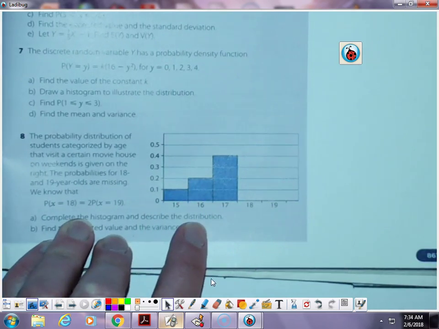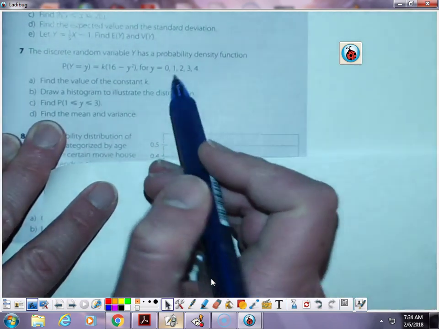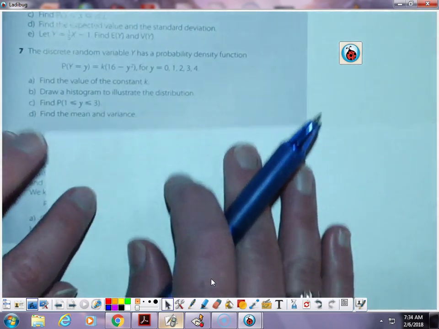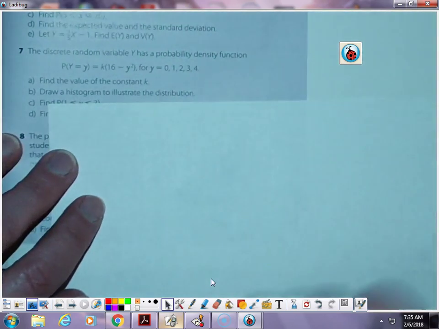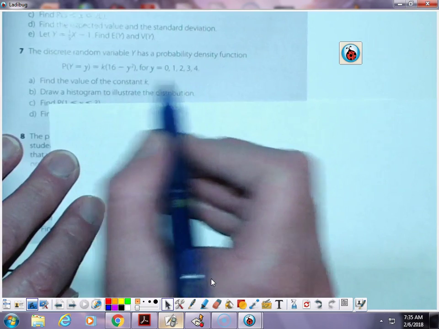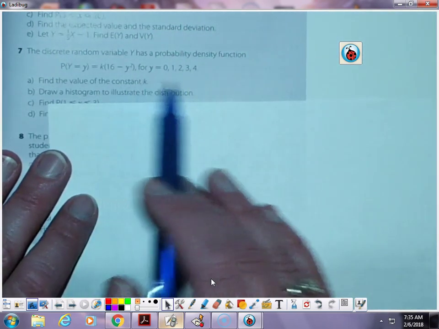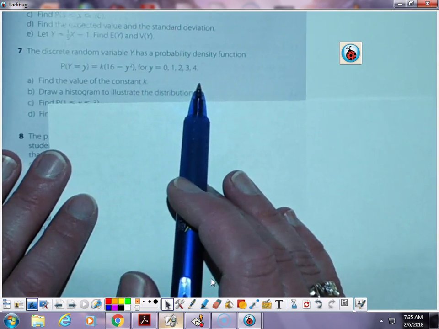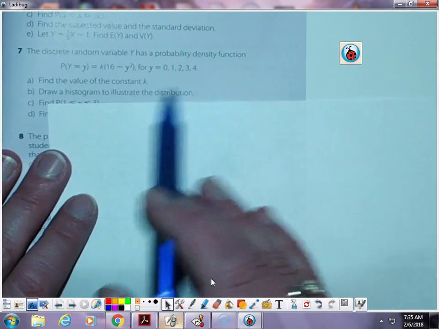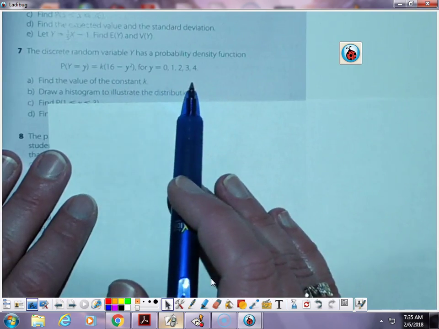I was asking you how to do the part. Okay, so what you do is, once you know the probability for each one, so for this one you had to substitute in 0, 1, 2, 3, and 4, and find the probability of each one. Then you knew all the probabilities added up to give you 1. So you took all those, added them up to give you 1 to get the K, and then go back and put the K in.